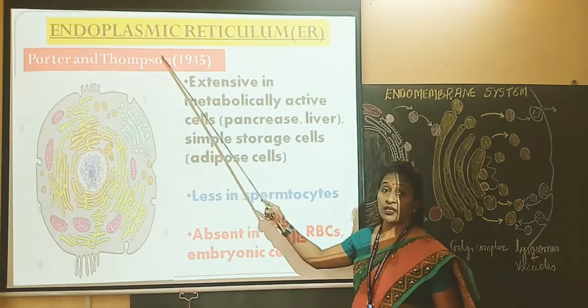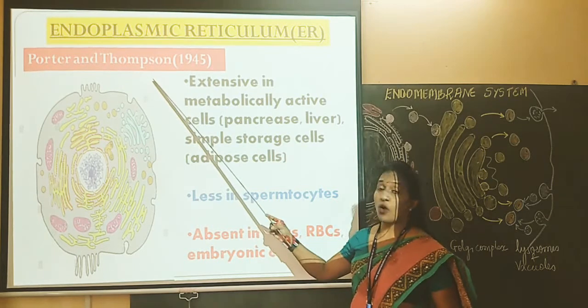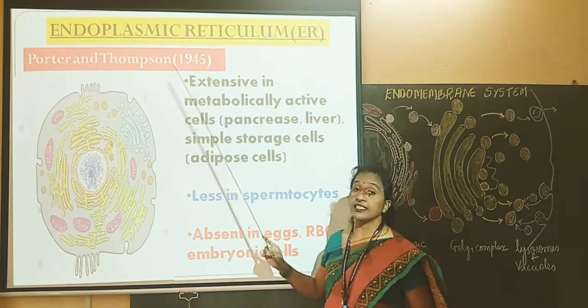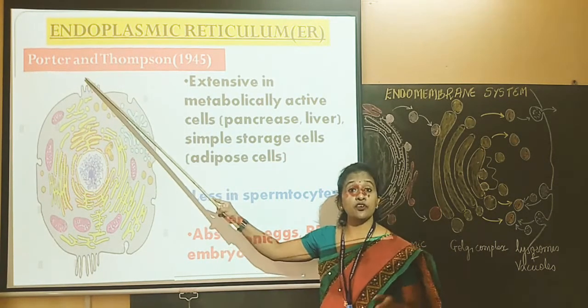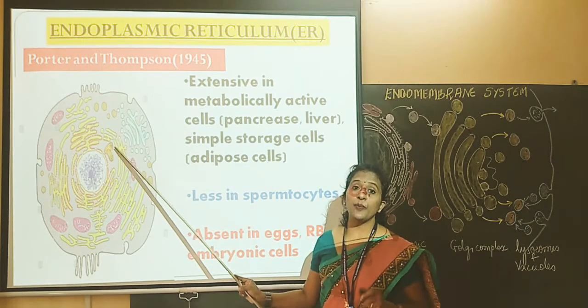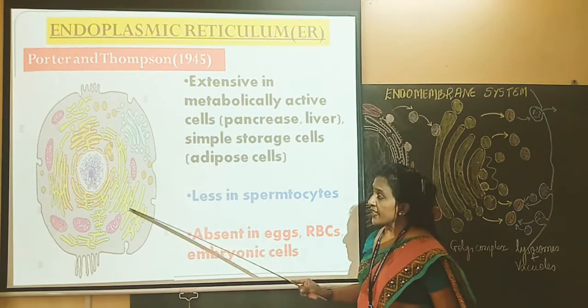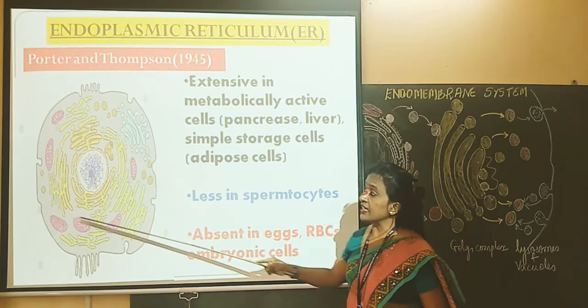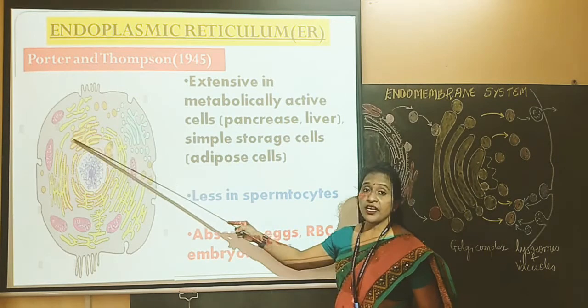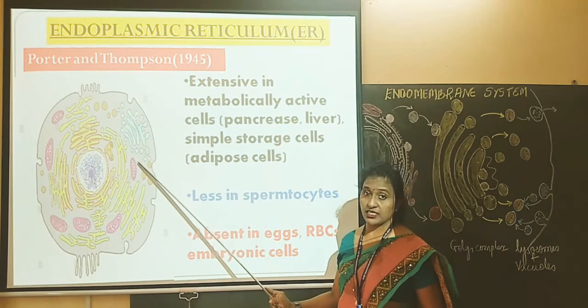Endoplasmic reticulum was first reported by Porter and Thomson independently in 1945, and later on Porter named this organelle endoplasmic reticulum. In this cell, we can see the continuous membranous system present throughout the cytoplasm, right?